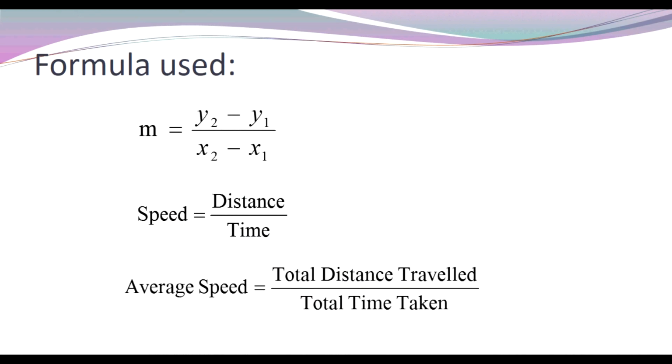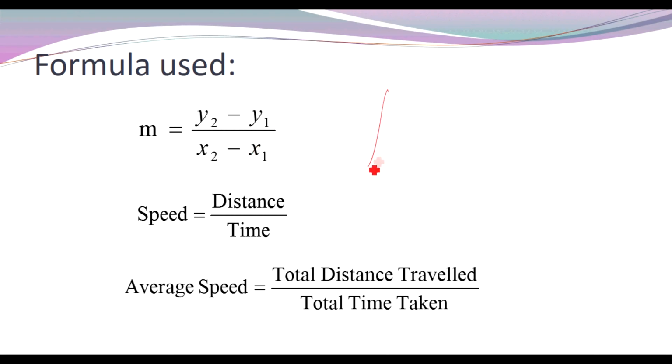Before we start, we revise the formula that you have already learned. The first one is m. m represents the gradient. Gradient equals y2 minus y1 over x2 minus x1.